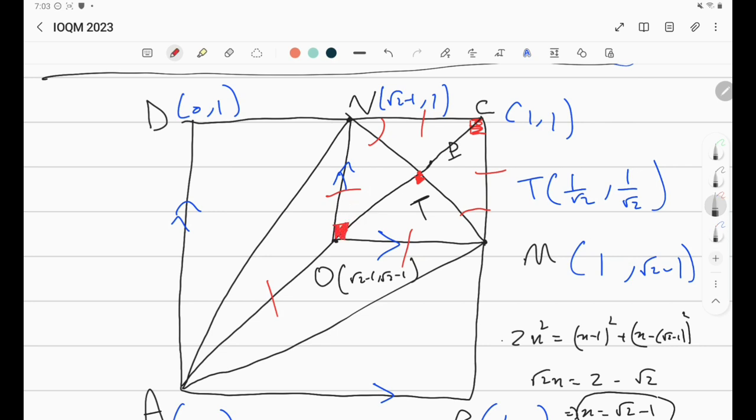Oh, this is very amazing actually, because if you have a right triangle, then what's the circumcenter of it? It's T. So I guess what? P is T. So that means this point is P. So we now know all the coordinates.